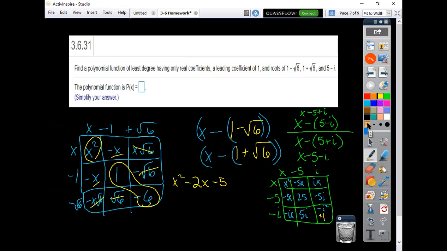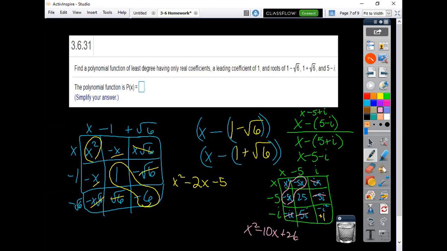All right, so hopefully we got some stuff there that cancels out for us. We don't want those i's in there, so what's left? We've got an x squared, a negative 10x from these two, and a 25 and a 1 is a 26.